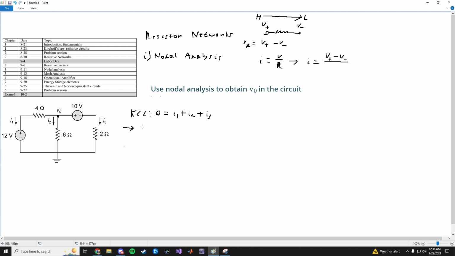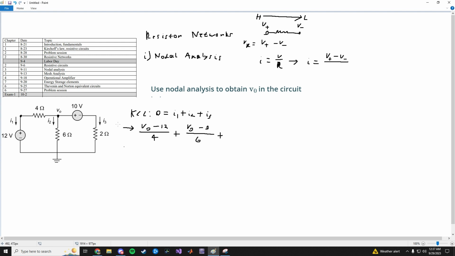So I1 is going to be V0 minus this point in the circuit, well, that's 12, minus 12 over R, which is 4. Plus I2, well, that's going to be V0 minus 0 over 6.